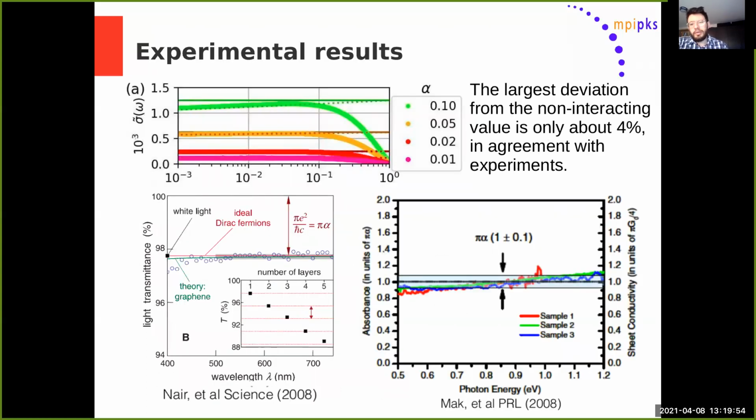At the moment, the results lie in this regime, so it is still at more or less 10% of the value of the full optical conductivity. In this case, it is described as the absorbance, but there is a one-to-one relation with the optical conductivity. Our results propose that the value is not above 4%, so that 4% is like the upper bound for the corrections. So we are still in agreement with the experiments.